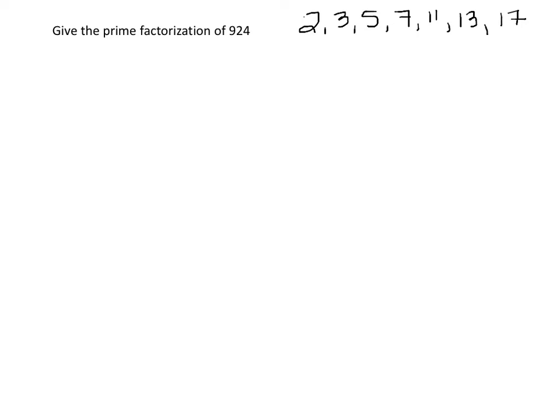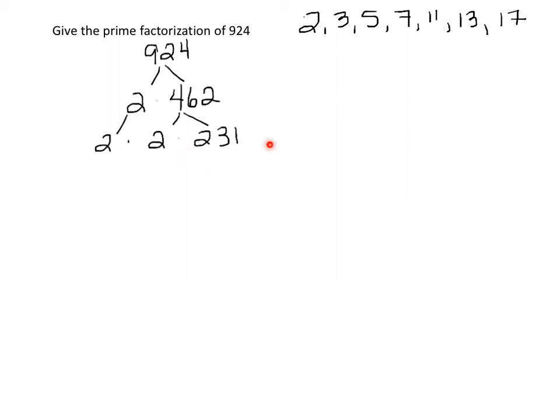This value here, 924, I know it's an even number. I make it sort of into a factor tree, and I say that this is 2 times 462. 462 is another even number, so this 2 stays here, and this becomes 2 times 231. I have no more even numbers, so I can check to see if this is divisible by 3.